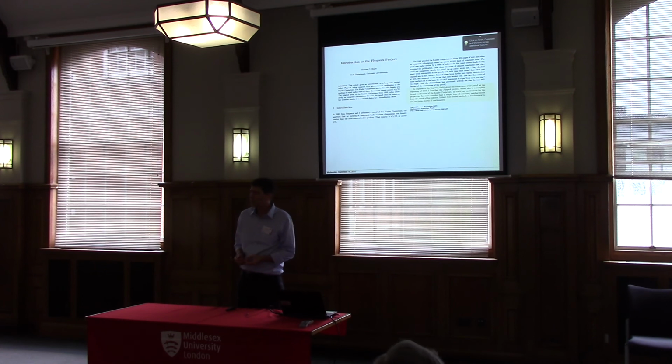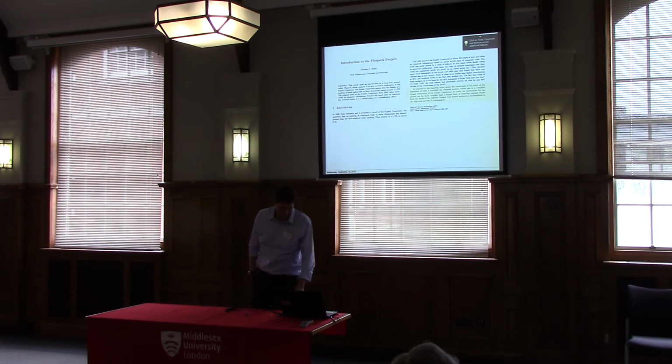The Flyspeck project name comes from just taking formal proof of Kepler, so I made that into an acronym, FPK for formal proof of Kepler. I looked for a word in English that started with F and then with K. The Flyspeck project. I use flyspeck in the meaning of to scrutinize and read.